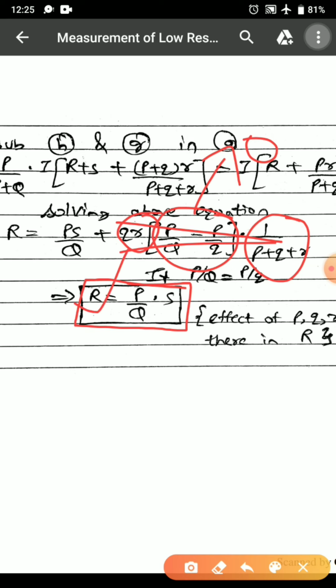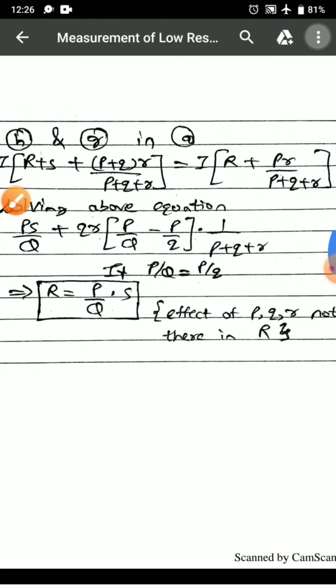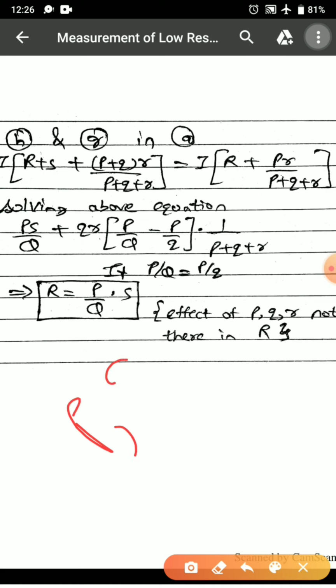That is, the unknown resistance R can be calculated in terms of the ratio arm and the standard resistance value that I am having. Now from this equation it is quite clear that there is no effect of the small ratio arm P, small ratio arm Q, and the lead resistance R in the final value of R that we are having.